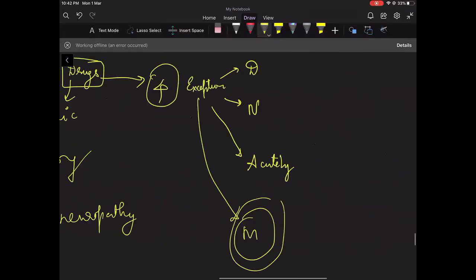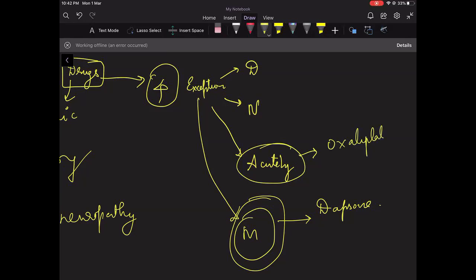Drugs which usually produce motor neuropathy include dapsone, and acute worsening due to drug we usually see in oxaliplatin, which we use for carcinoma of colon, and even tacrolimus.